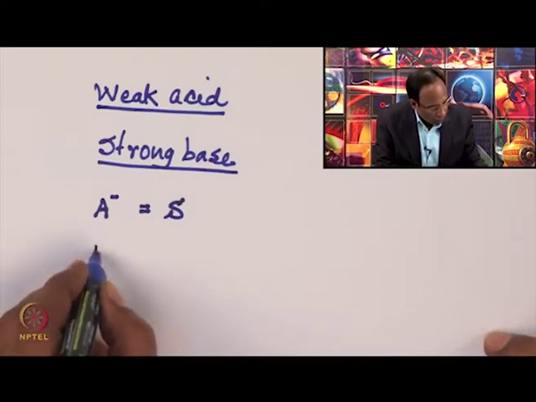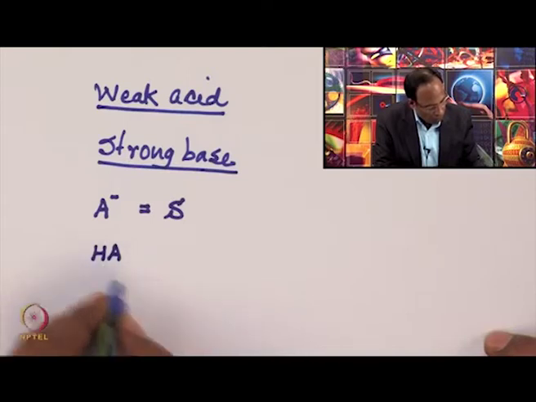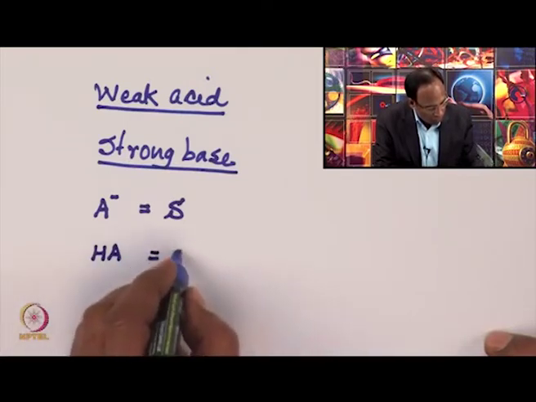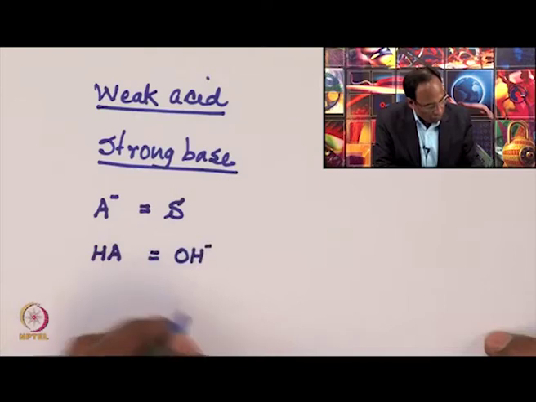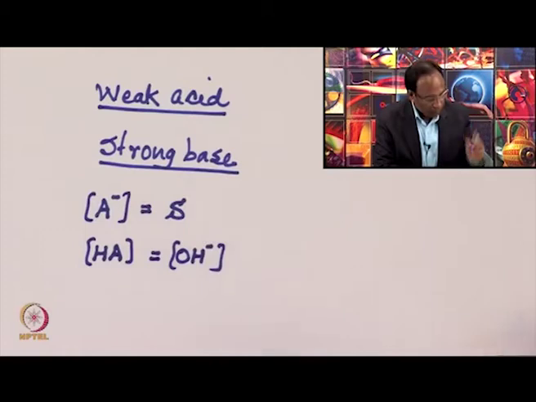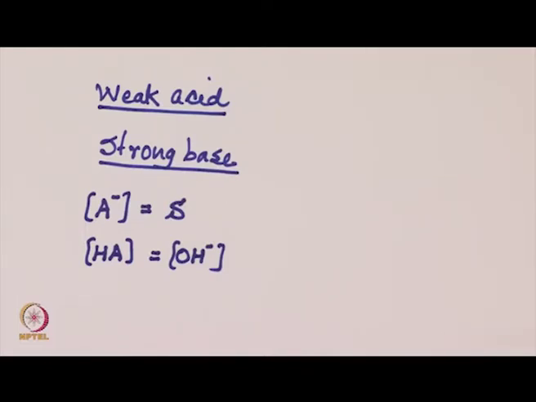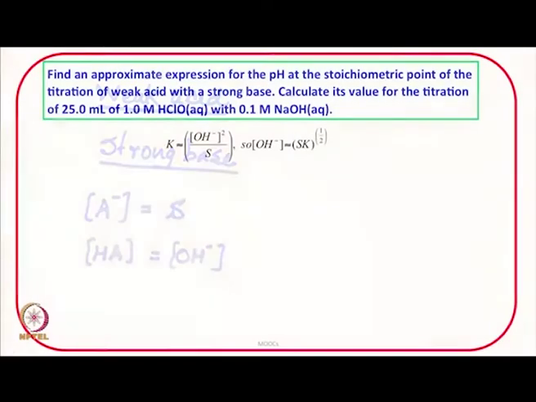And whatever is the concentration of HA and whatever is the amount of H3O plus it produces, this I will equate equal to, let me write these as the concentrations, OH ion. These are the two approximations that I am going to use. So therefore, equilibrium constant is equal to OH minus square over S.